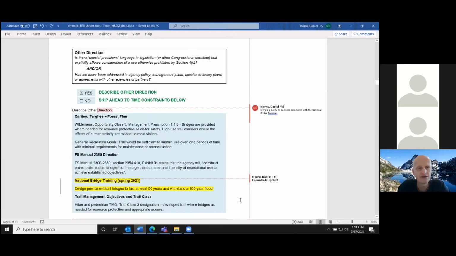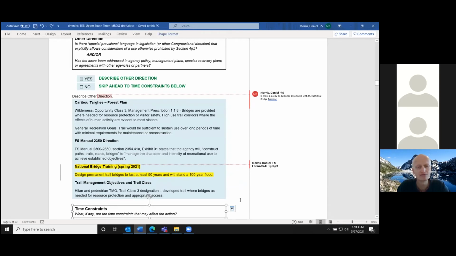All right, and so this other description or other direction category, it's good. One of the common errors, we'll see this just filled with tons of stuff. You don't need to put every little piece of direction that might support doing this project.